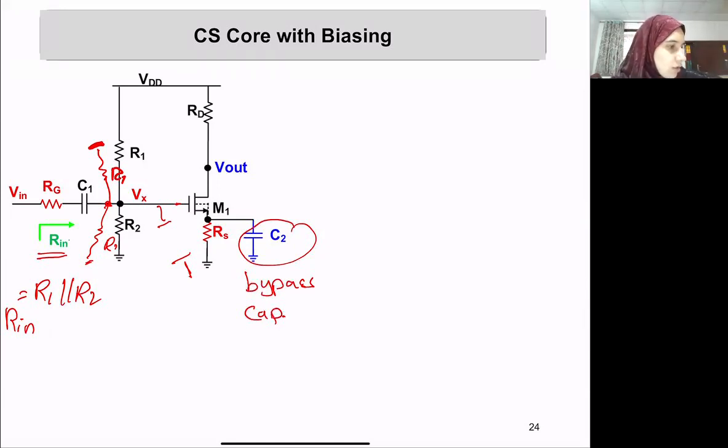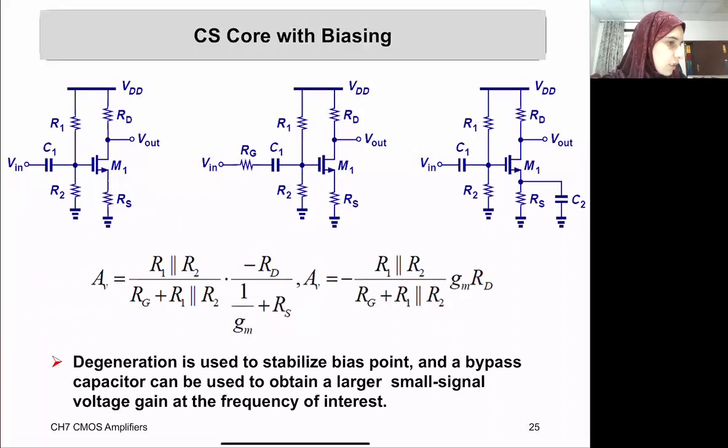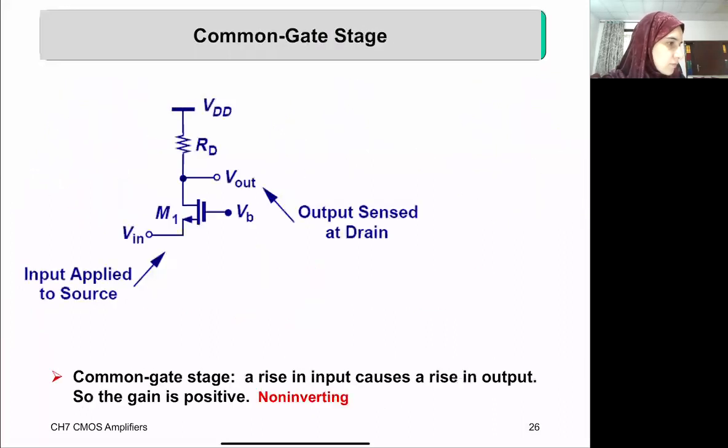Therefore, it's a short to ground in parallel with this RS, so this RS will disappear because it's in parallel with the ground. It's like it's not there. Therefore the gain will improve because the circuit will not be a common source with degeneration anymore. It will become just a common source. I will elaborate on this part later, so don't worry too much if you didn't get it now.